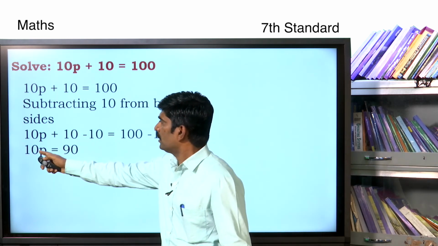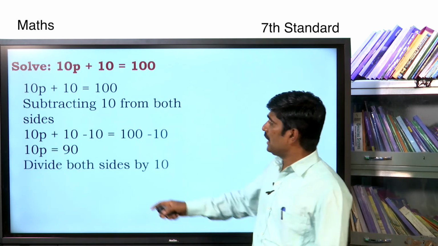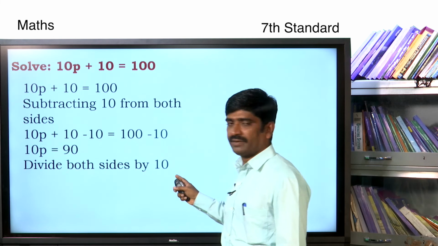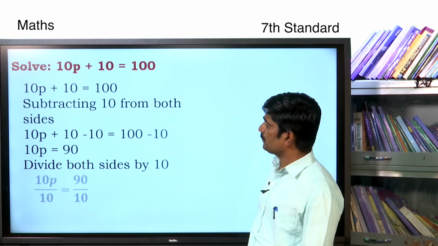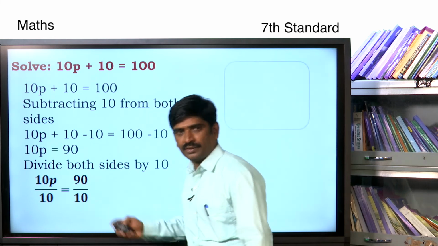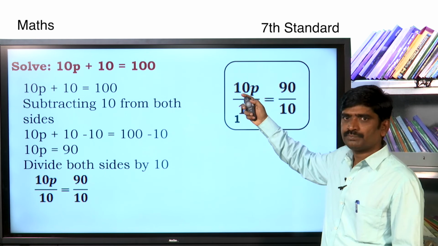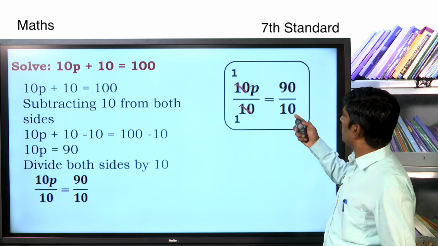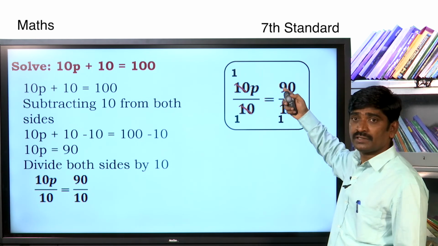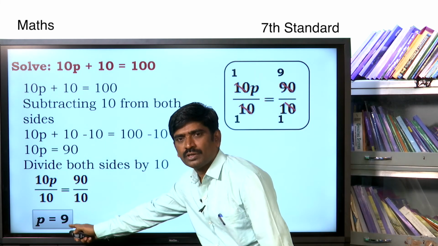That is 10p is equal to 90. What do we do next? We divide both sides by 10. Then 10p divided by 10, 90 divided by 10. Then you see here, 10 ones are 10. Next, 10 ones are 10, 10 nines are 90. Very good. Therefore, p is equal to 9.